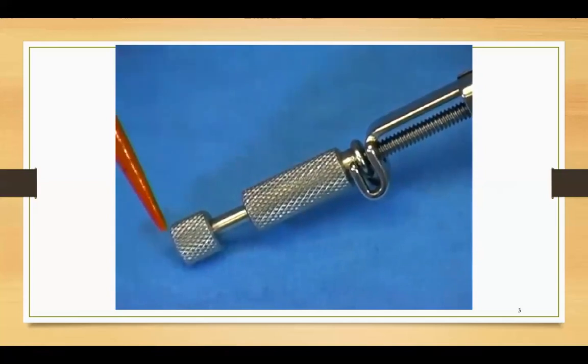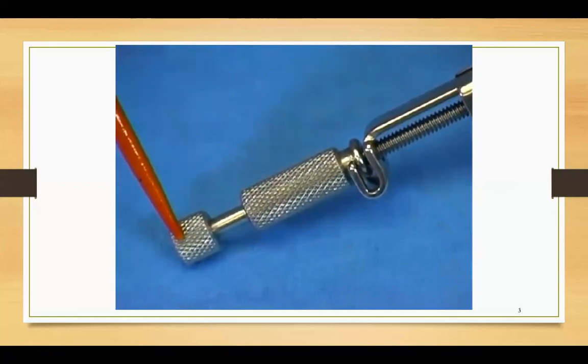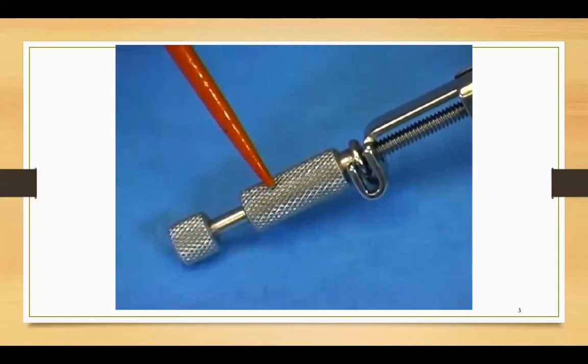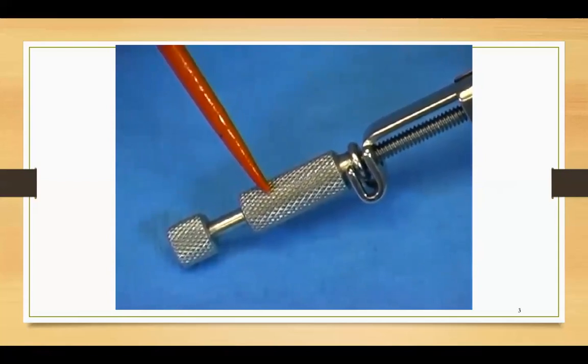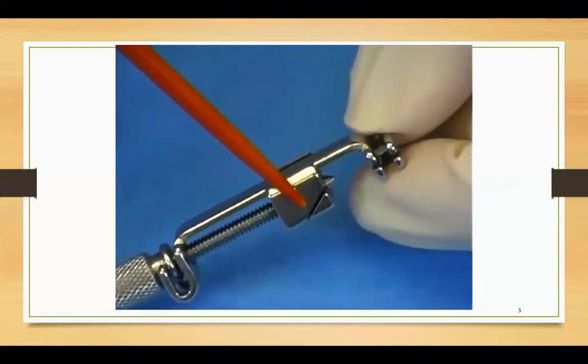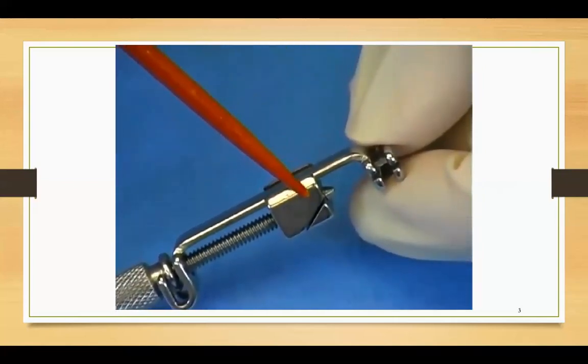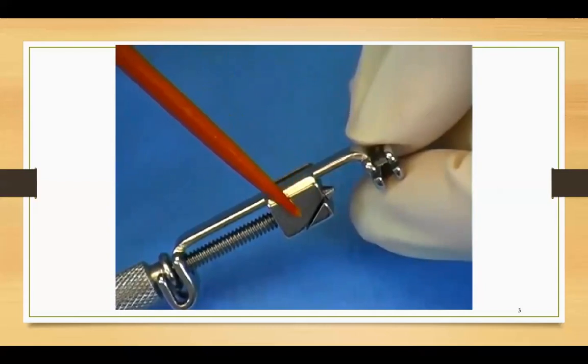This is the outer knob. It is used to tighten the vise which holds the matrix band. This is the inner knob. It moves the vise and makes the diameter of the matrix band smaller or larger. This is the vise. The ends of the band fit into the slots of the vise.